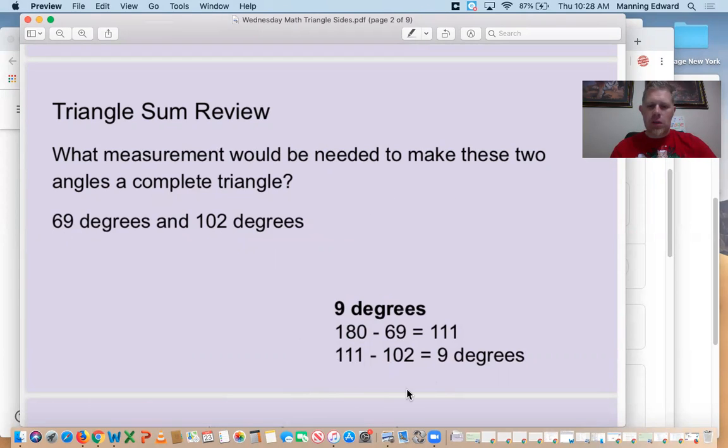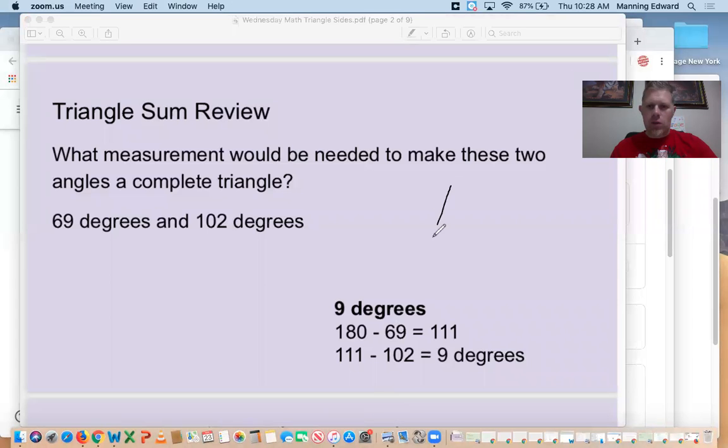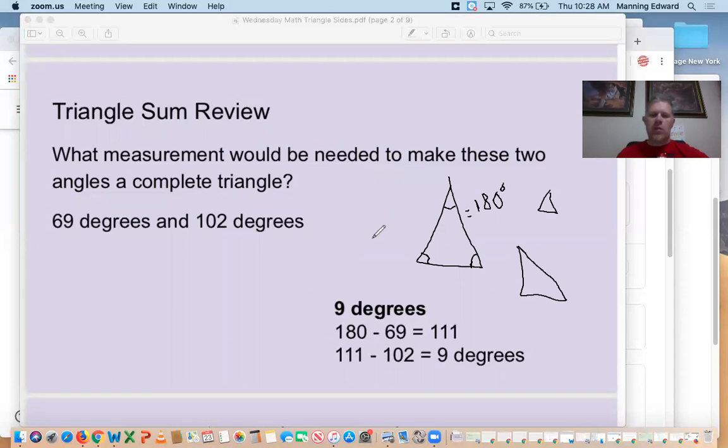Based on our knowledge, we know that all triangles, no matter what, whether a little tiny one, a big one, or a right triangle, have something in common: the inside angles must equal 180 degrees. It's always going to be true for any triangle. It'll be different with different shapes, but for triangles, it's always going to be 180. Hope that clears that up.